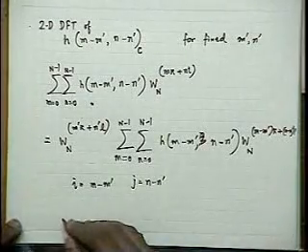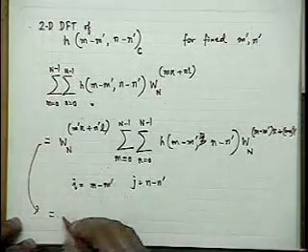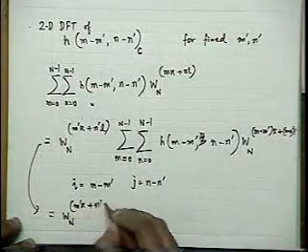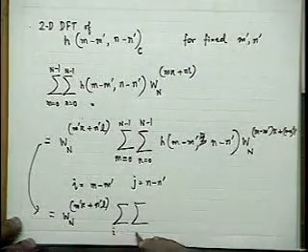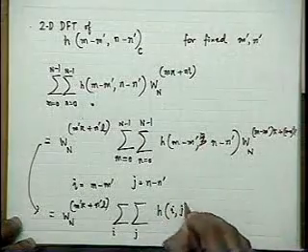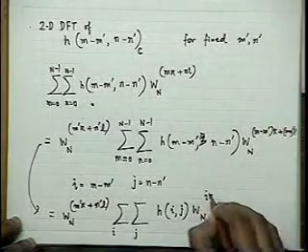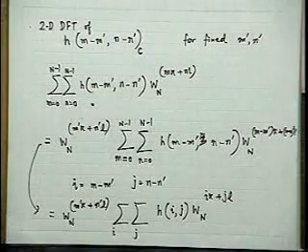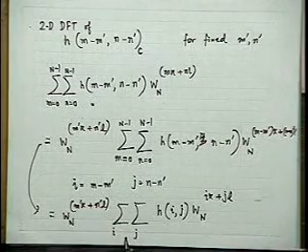So simply what I get from this is that this expression becomes equal to W to the base N, m prime k plus n prime l, summation over i and j of h of i j, W to the base N, i k plus j l. Is that correct? What is going to be the limits of i and j?